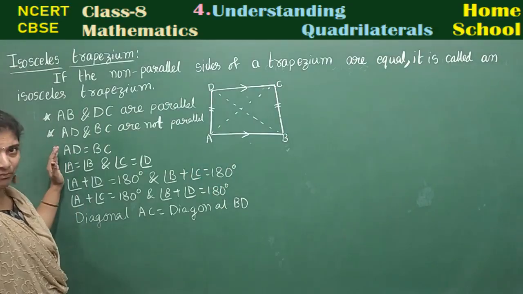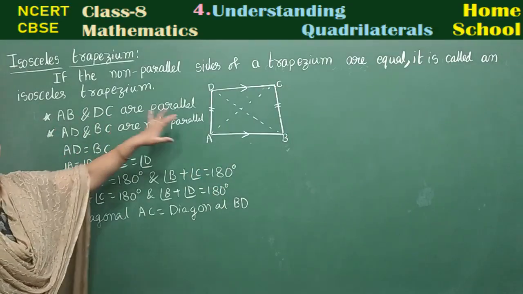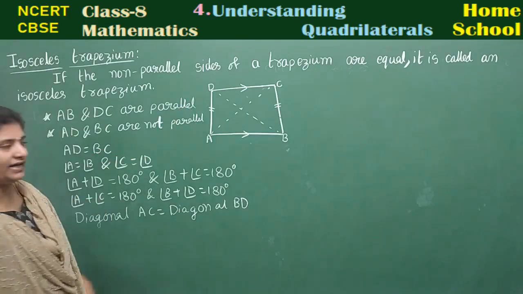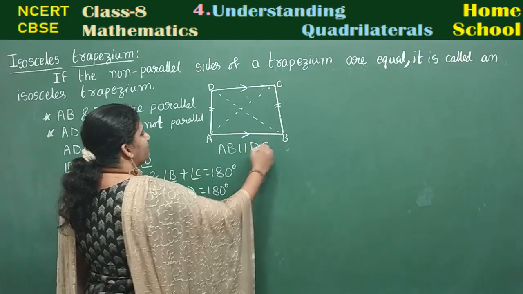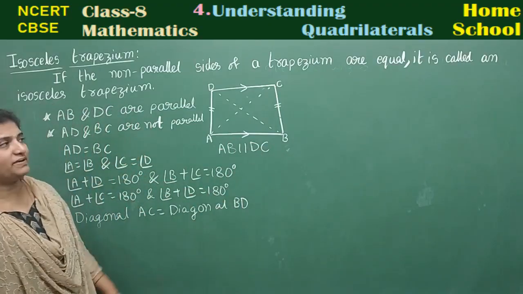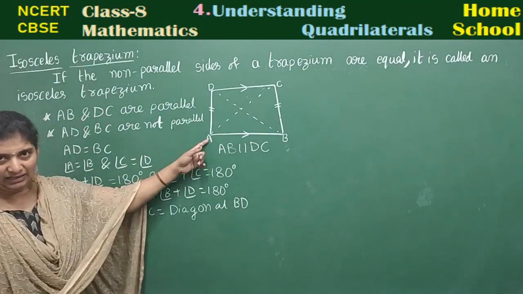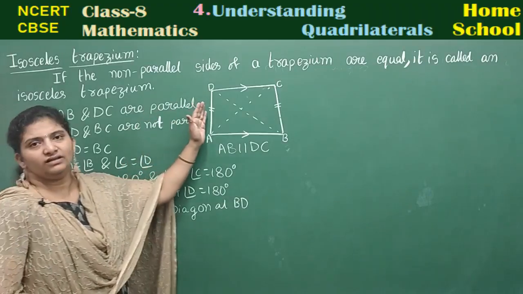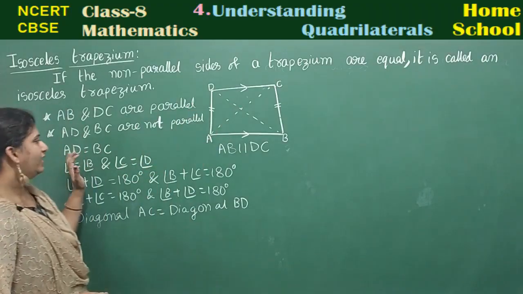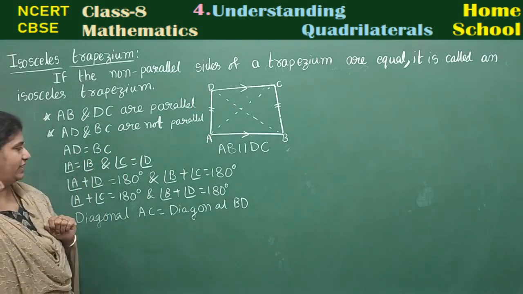Now remember some points. AB and DC are parallel, and you may write it as AB parallel to DC. AD and BC are not parallel. AD is equal to BC, meaning the length is equal, so you can write AD is equal to BC.